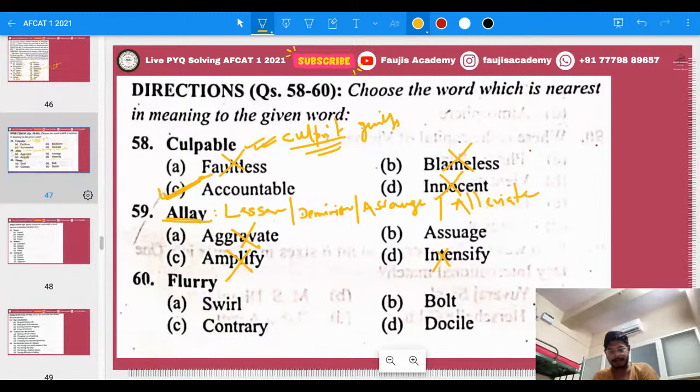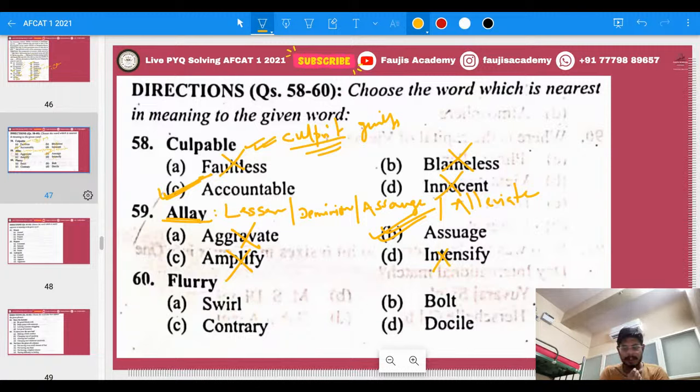Question number 59, guys. Quick. The answer will be B. Flurry. Just listen to the sound of the word flurry.